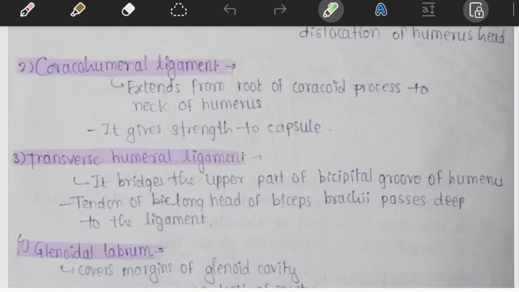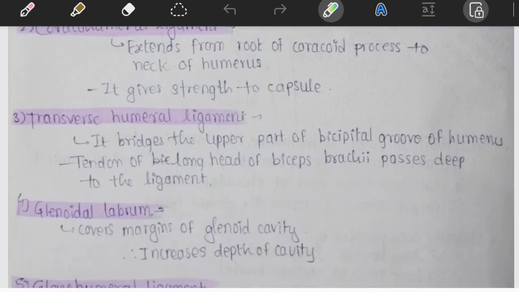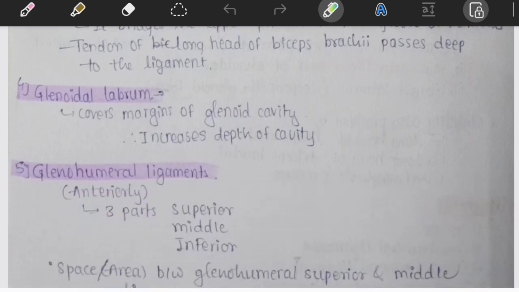Then the transverse humeral ligament bridges the bicipital groove and holds the tendon of the long head of the biceps in place. Next is the glenoid labrum. It is the fibrocartilage attached around the margin of the glenoid cavity. Its job is only one: to increase the depth of the glenoid cavity.